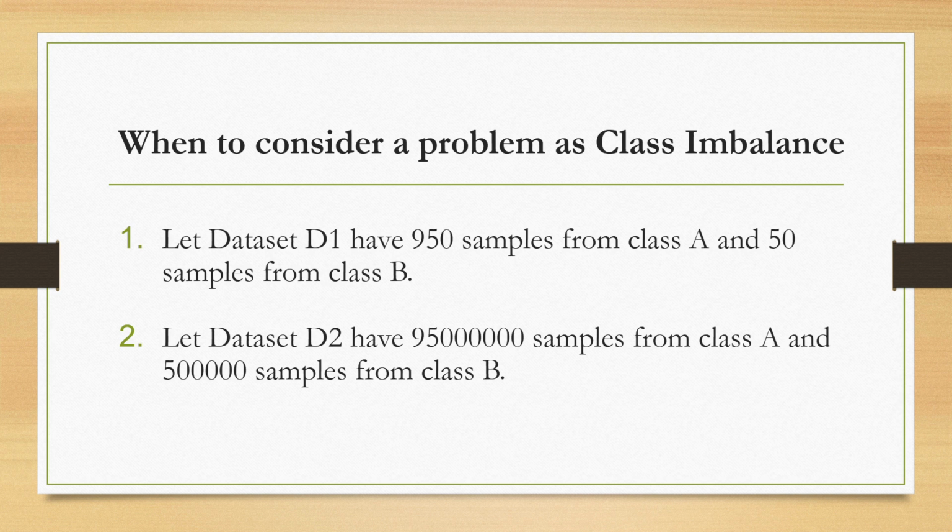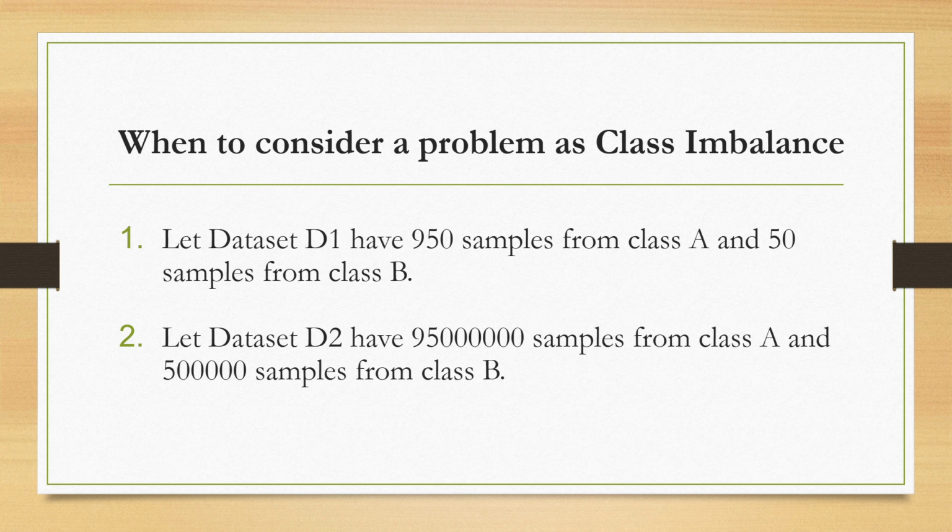At least for class B, you can understand the model can learn the patterns from it. Though there is a huge variation between class A and class B, this is not going to severely affect the model's performance. The model performance will be affected a little bit, but not as severely as for dataset D1.